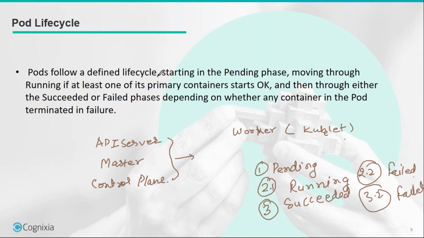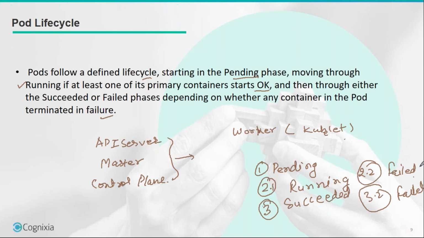So a pod follows the defined life cycle, starting from the pending phase, moving through the running phase if at least one of its primary containers starts okay. When the containers are running without any issue, then it goes through either the succeeded or failed phases, depending upon whether a container in the pod terminated in failure.